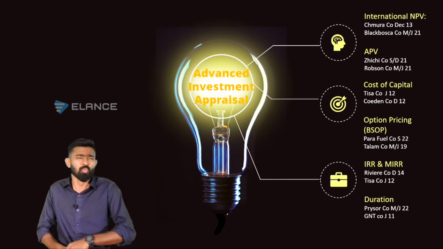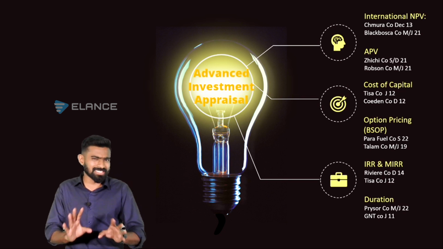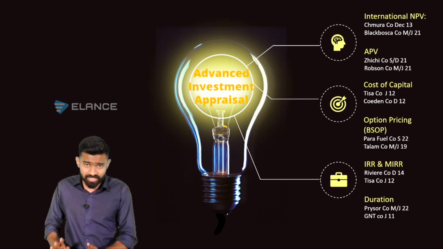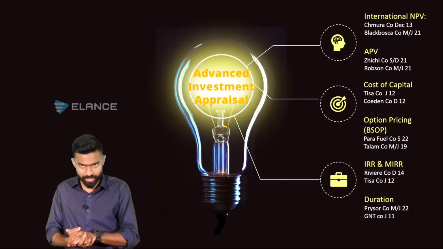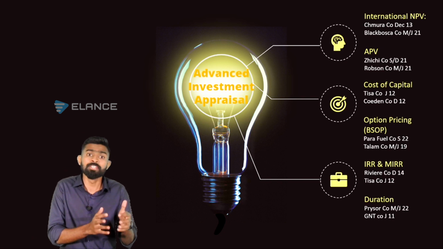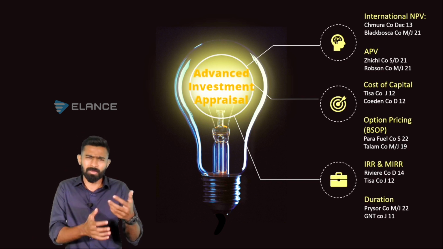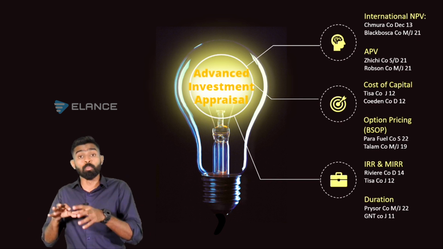Another question, which is a much older one, is GNT Company. This is a comparatively challenging one. To solve this, you should first have knowledge of bond valuation. Prisor Company is the duration of a normal investment project, but GNT Company is the measurement of duration of a bond investment.